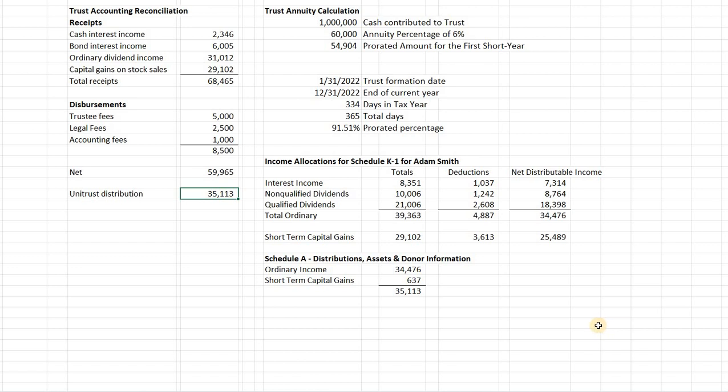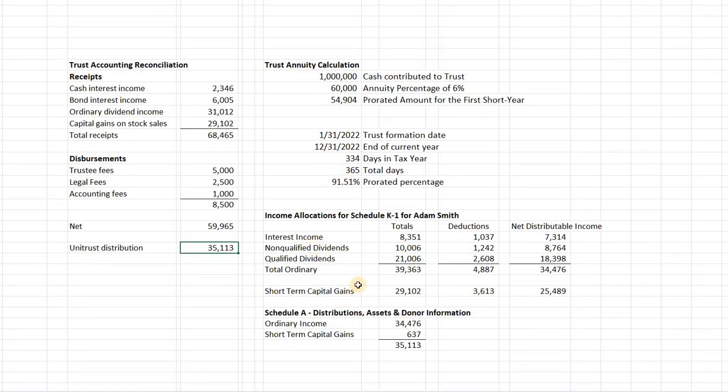And if we keep in mind the ordering rules, right, we have to distribute out all the ordinary income first, and then we can move on to capital gains, and then we can move on to non-taxable, and then principal. And then within the ordinary income category, we want to distribute out those items that have the higher tax rates to start with. So $35,113 is what we have available.